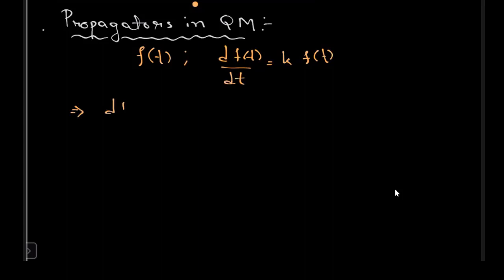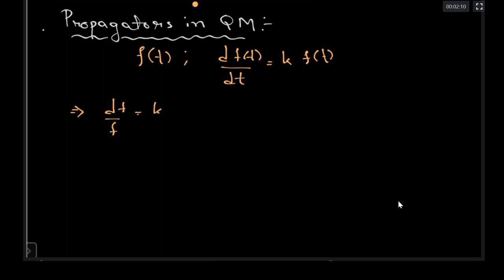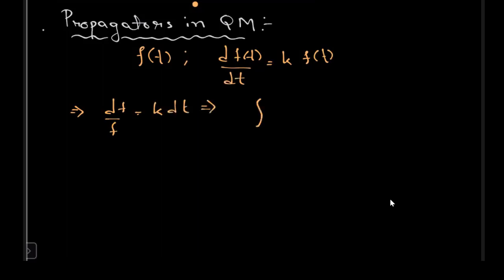So we get df/f, remember f is a function of t, equals k dt, and then integrate both sides as usual. So how do we integrate? We have to set the limits, and this is how we set them. For t equals t initial, let the value of f be f of t_i, and when time is t final, let the final value of f be f of t_f.